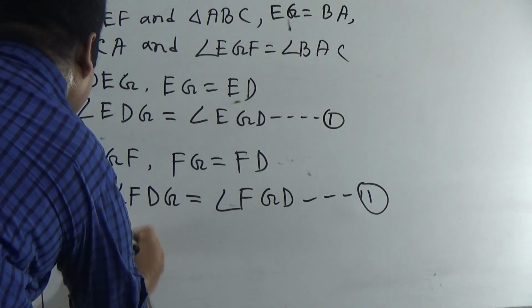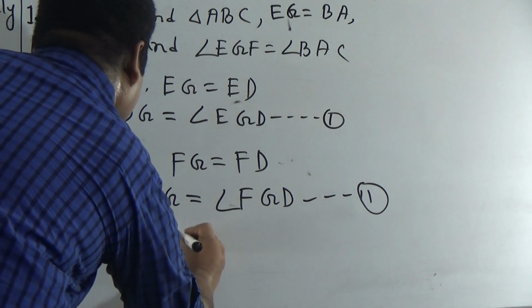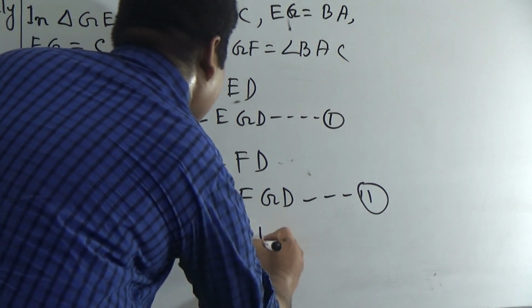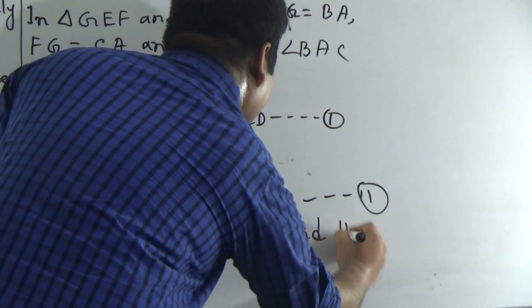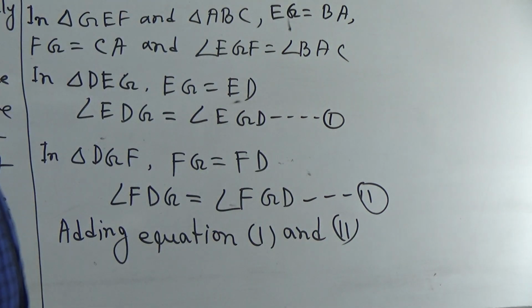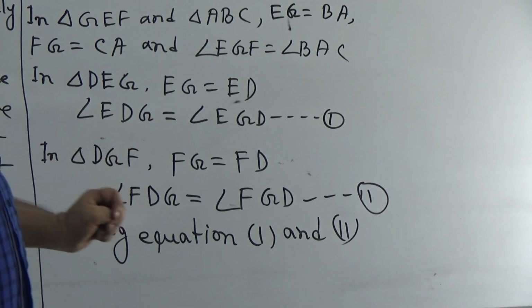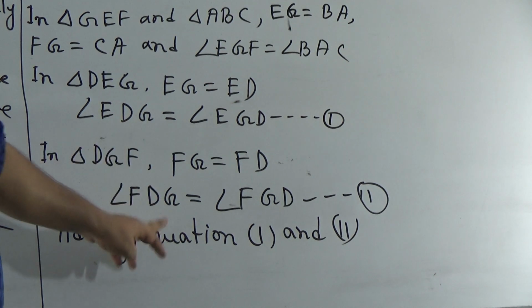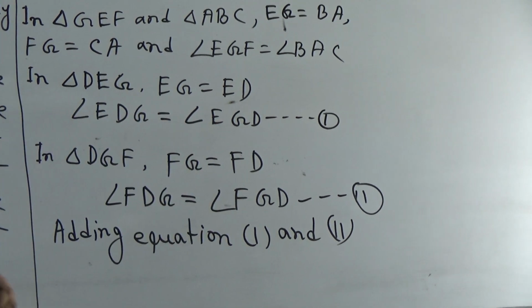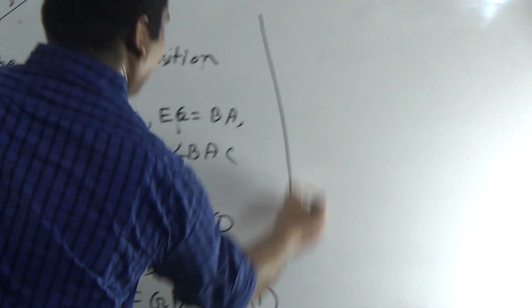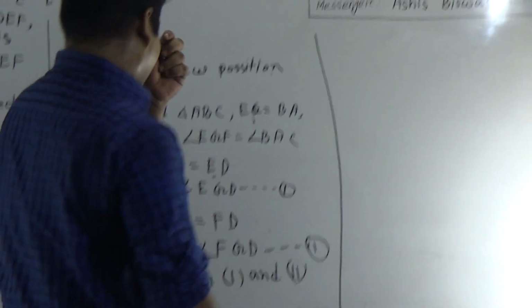Adding equation 1 and 2. My dear students, if we add these two equations, then we add left side with left side and right side with right side. Okay. Now we go to next page.